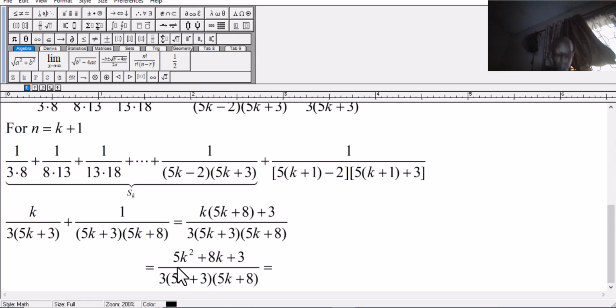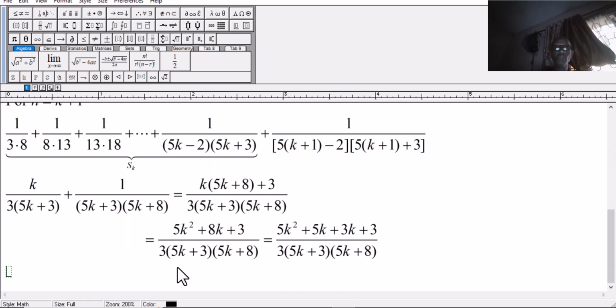So let's see whether we can still simplify this. Looking for the factors of that will give us 5k all squared plus 5k plus 3k plus 3, and 3 into 5k plus 3, then 5k plus 8, bracket closed.